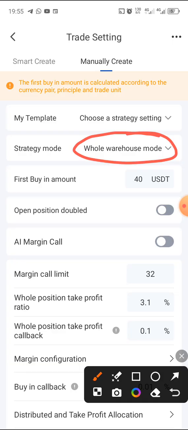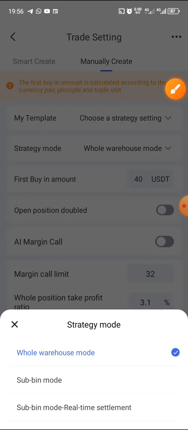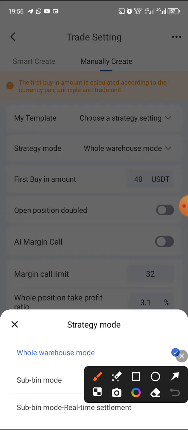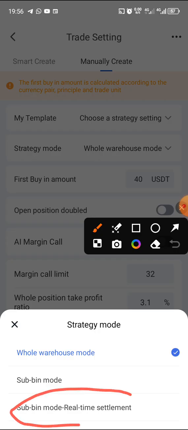You come, tap on that whole warehouse mode so that you change it to sub-bin mode real-time settlement.